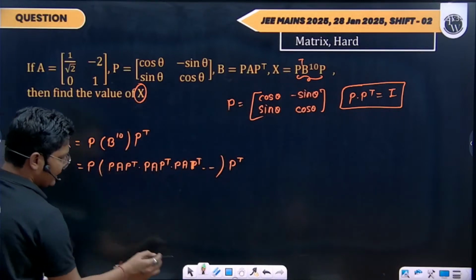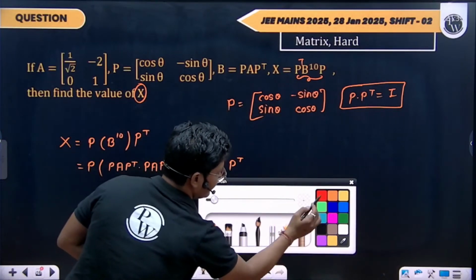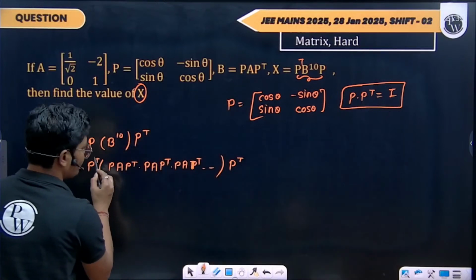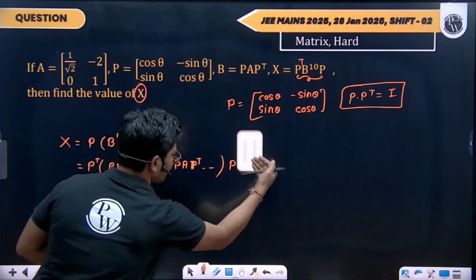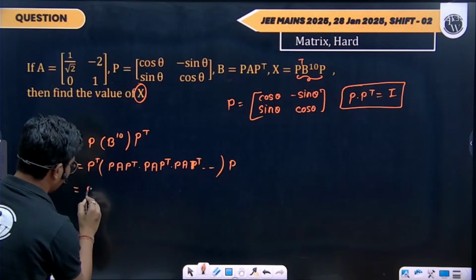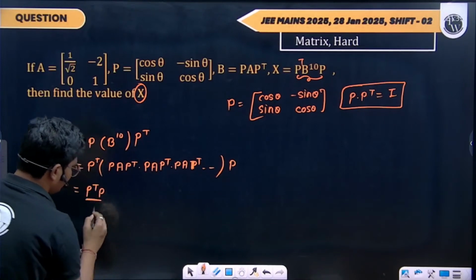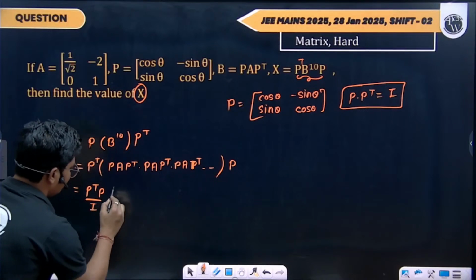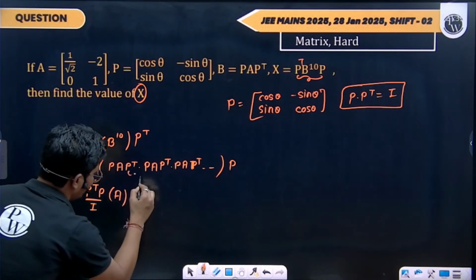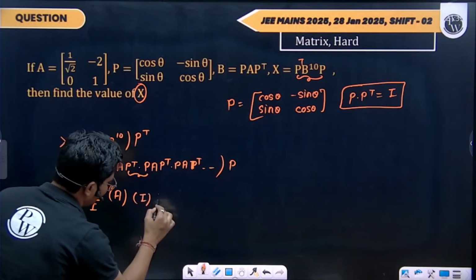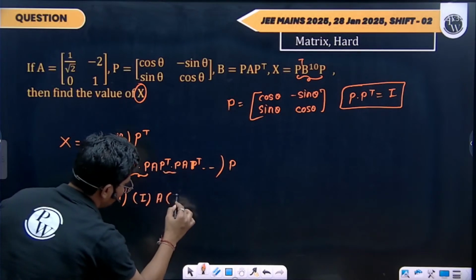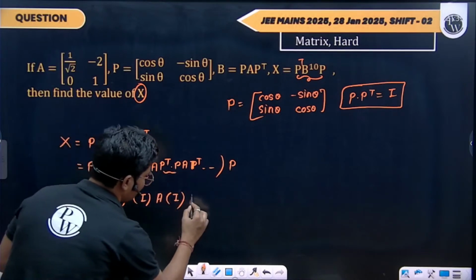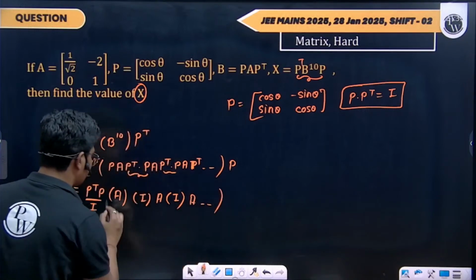So if I correct this here as well, this will be P. The multiplication of P transpose and P will be I, and this will be A, and here this will be I, A and I, which is the identity matrix, and it will continue 10 times.